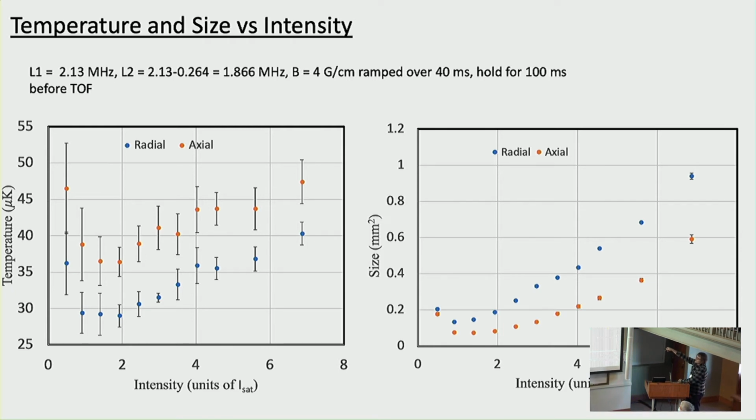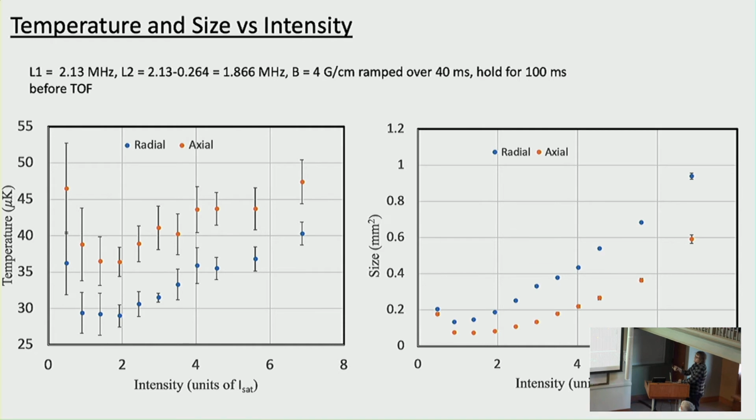So what you're looking at is we detune L1 about half a linewidth, and we detune L2 about half a linewidth, plus this very specific number of 264 kilohertz red-detuned that we're going to get into. Then we ramp the B field up to 4 Gauss per centimeter over 40 milliseconds, and we hold for 100 milliseconds. What you're looking at is the temperature in the radial and axial directions, and then the size.